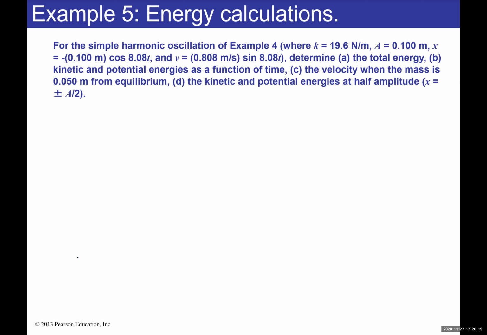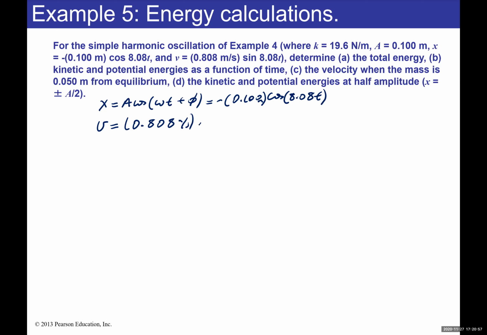All right, so what we get from here are some of the values that we were already given. Let me write down x. x equals, remember, A cosine omega t plus phi. So I'm given this for x: negative 0.1 cosine 8.08 t, and for the velocity, I'm given 0.808 meters per second, this was meters, then sine of 8.08 t.